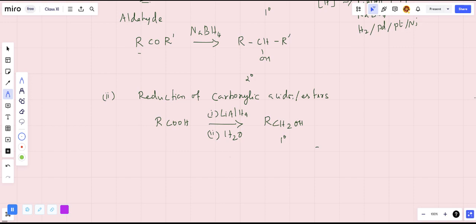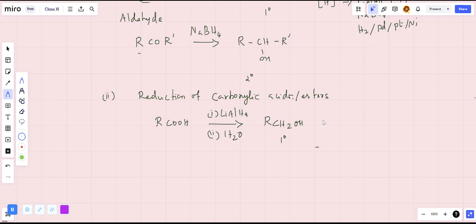So we use it only for special chemicals. If you are preparing commercially, we need to take care of the profit also. So commercially, acids are reduced to alcohols by converting them to esters and then to alcohol.